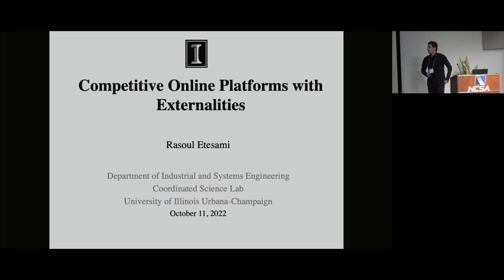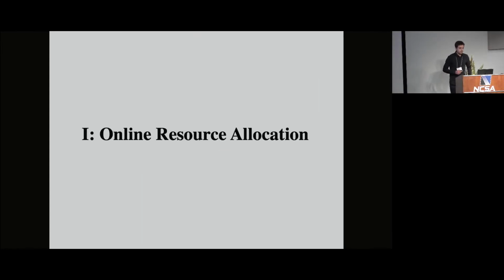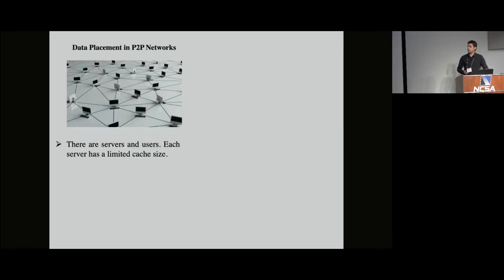Okay? So the first problem that I'm going to jump into, for short, I call online resource allocation. Here are two brief motivating examples. Suppose you have a network of servers where each server has limited cache size, so it can cache only a limited amount of data.